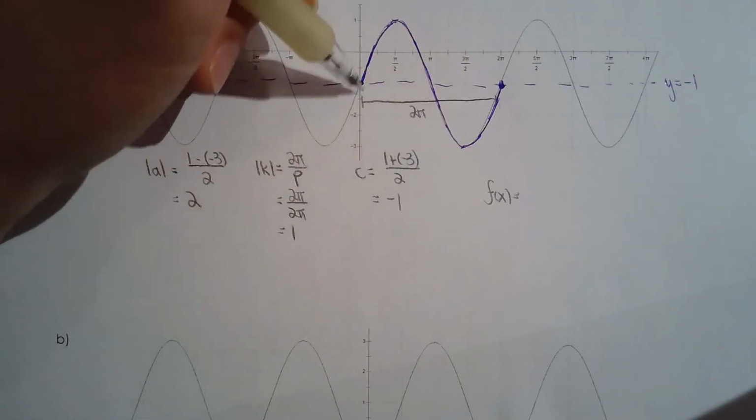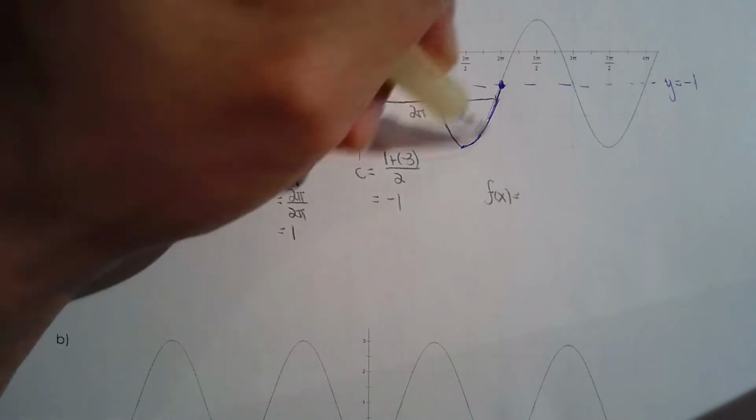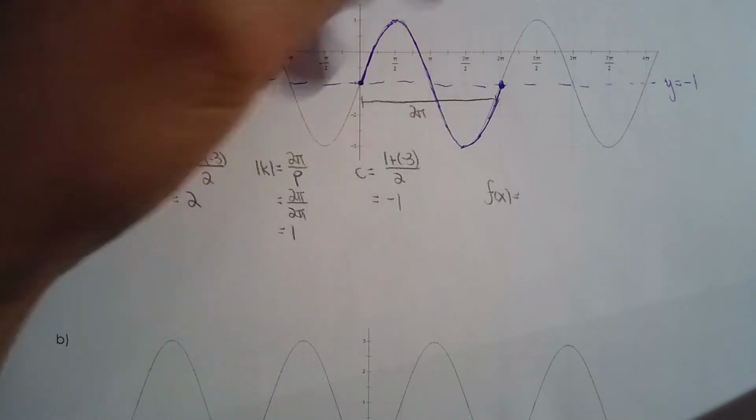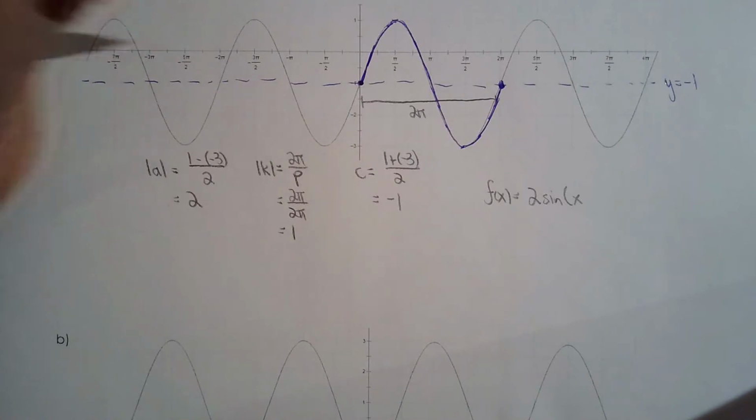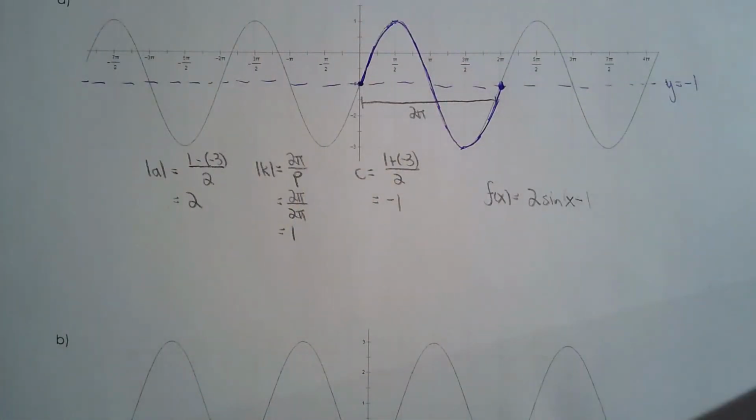This is how the regular sine wave looks. It goes max, then min. So it's going to be a positive 2 here. Sine x, let's keep it simple, no brackets needed. Sine x minus 1.